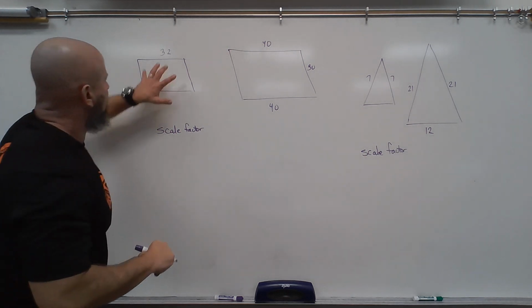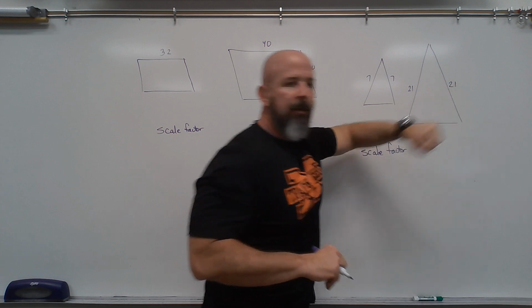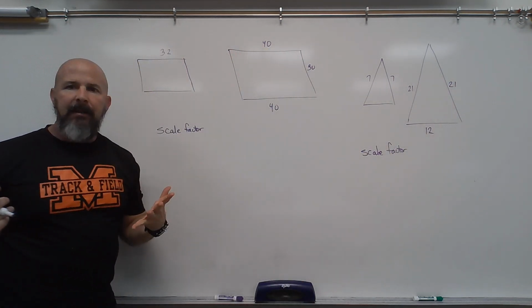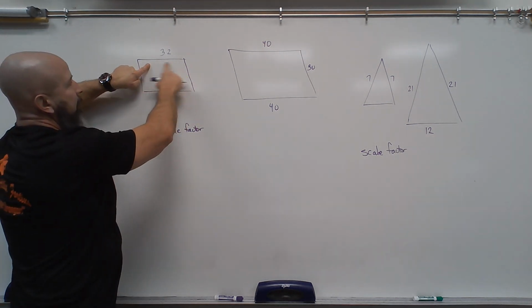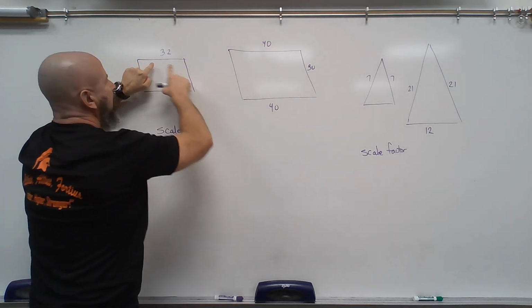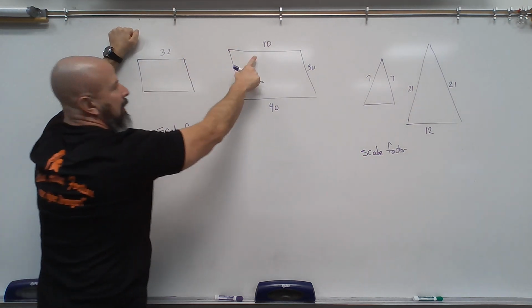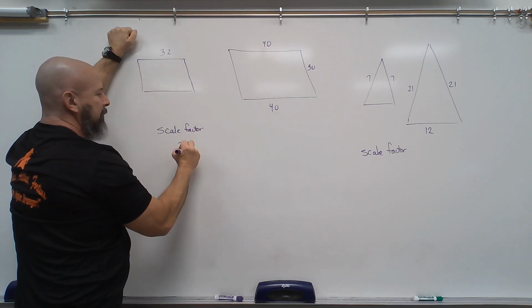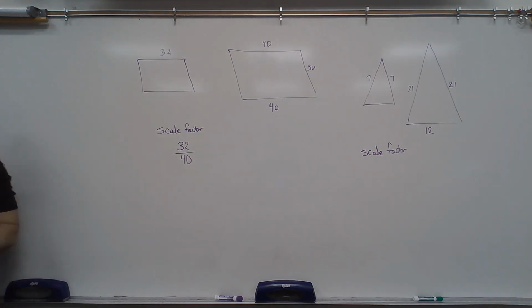So in both situations here, smaller to larger, smaller to larger. Okay? So scale factor, I'm going to find my sides that relate to each other or correspond to each other. This 32 corresponds to the 40. Now I see some other numbers here, but I've got to make sure I'm looking at which side corresponds to that 32. That would be the 40. So the scale factor would be 32 over 40. That is my scale factor.